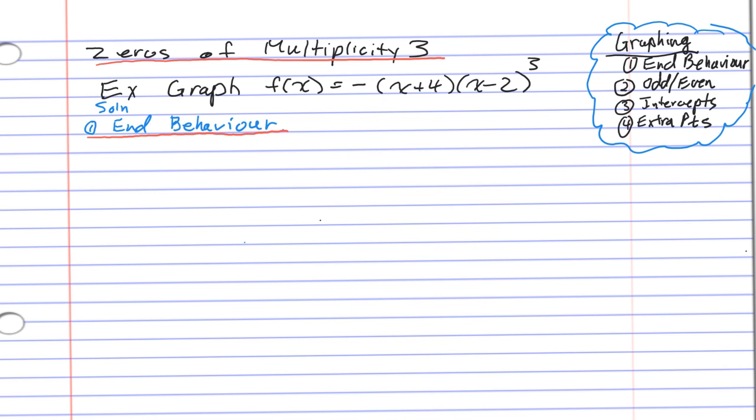If you take a look at the function f of x, which is in blue here, it actually turns into negative. Well, the negative comes from the front of this bracket for f of x that we have right here, right? That negative doesn't go away.